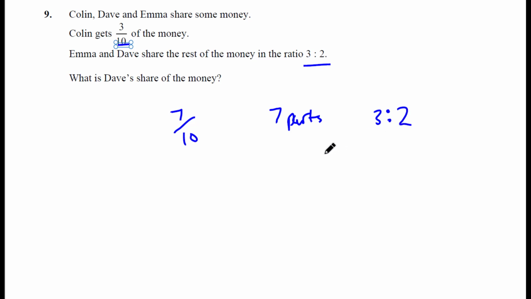Now it might be easier just to say it's 70 parts and make 100, so Colin gets 30. Imagine it's £100, so Colin gets 30. 70 is shared between the other two, because you can do it like this, but we don't want to deal with fractions, decimals, so it's 70 parts.